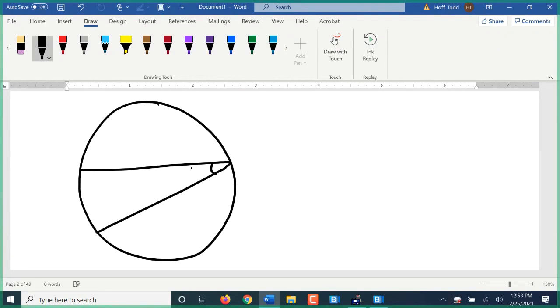If I tell you that this is a 15-degree angle, because both of these inscribed angles intercept that same arc, this has to also be a 15-degree angle. Any inscribed angles that intercept the same arc have to be the same size angle.